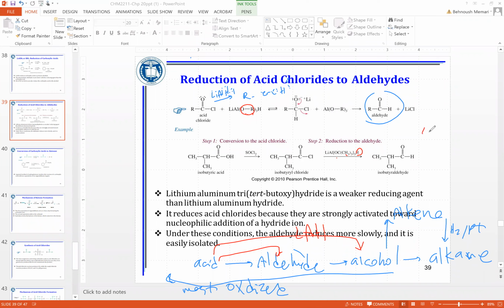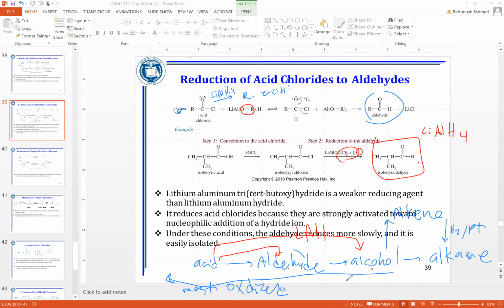LAH, lithium aluminum hydride, has 4 hydrogens that can reduce. But when you poison, you keep only 1 hydrogen and replace 3 of them with bulky alkoxide. Only 1 hydrogen can reduce. So the reduction step is going to be limited, and the reduction would stop in the aldehyde position, and it doesn't go all the way to alcohol.